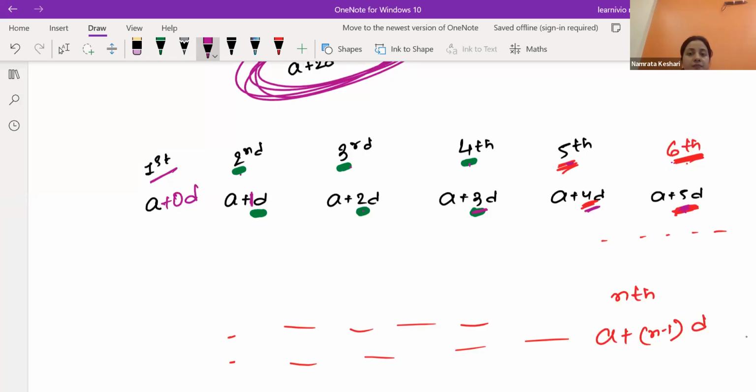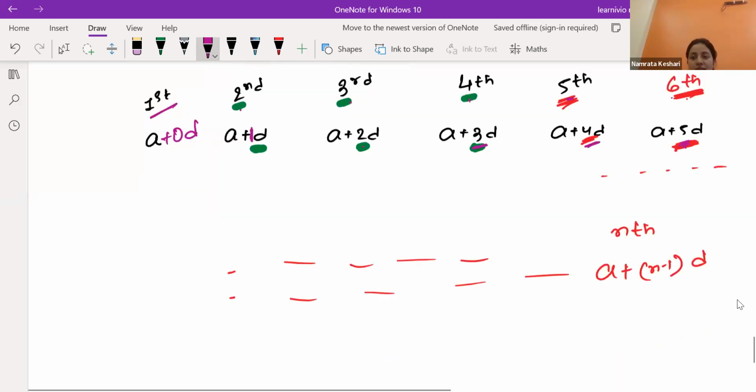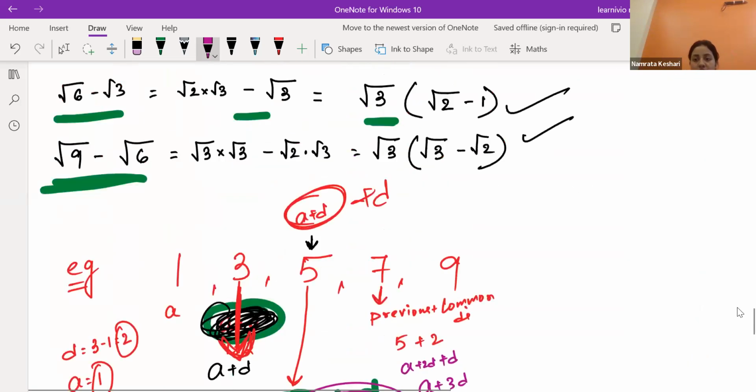Yes, ma'am. Ma'am, can you explain where the minus 1 came from? A plus n minus 1 into D. Let me write it this way, then it will make sense.